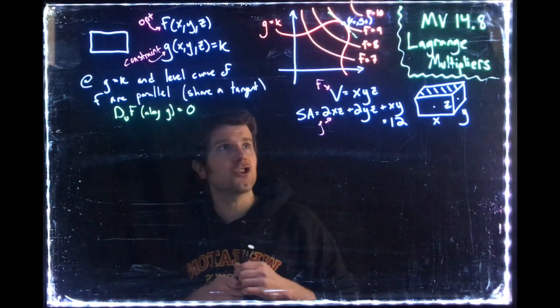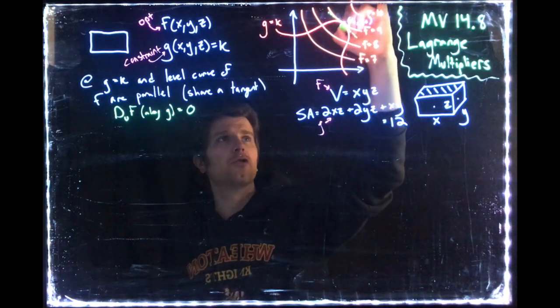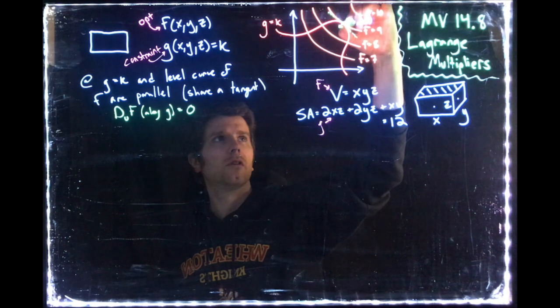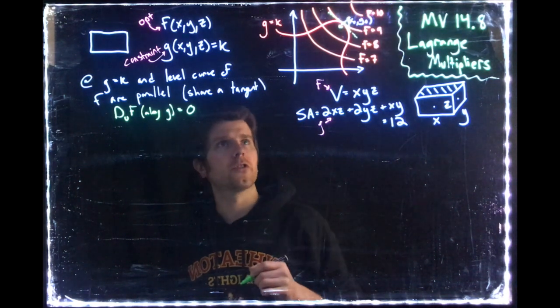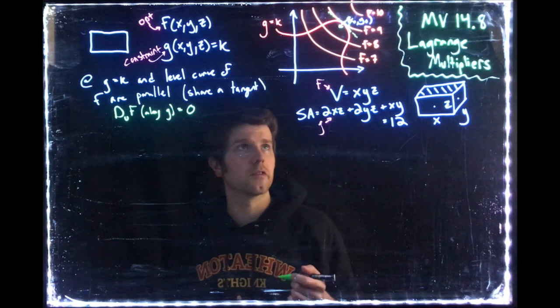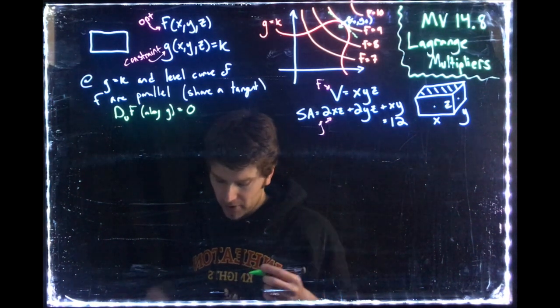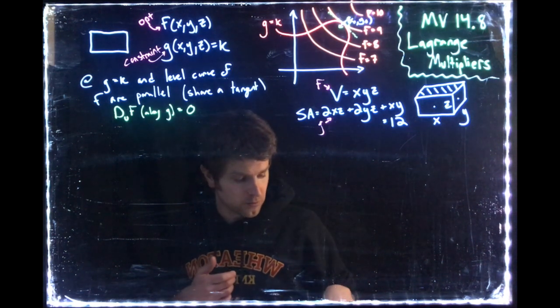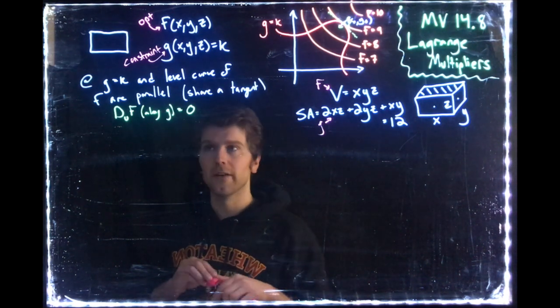If they share a tangent line, though, that also means that their normal vectors, the normal vectors to the curve, are parallel to each other. So the normal vector to the curve g and the normal vector to whatever level curve of f are parallel. And we just learned in our last section about normal vectors to level curves.